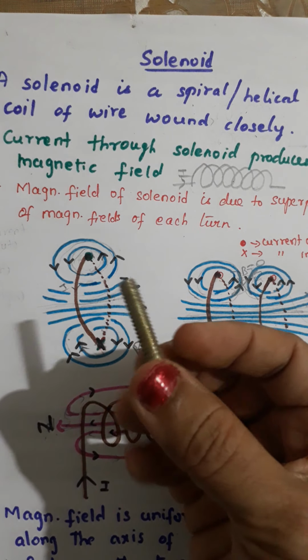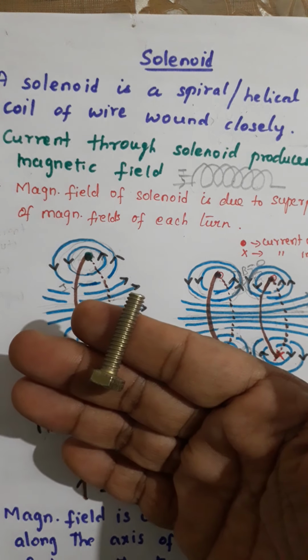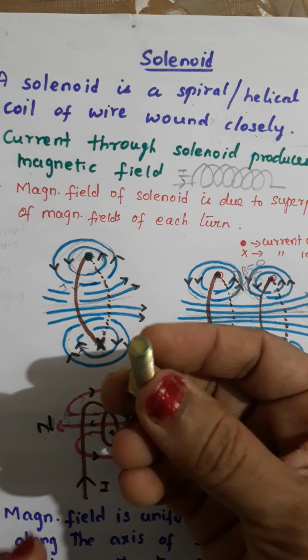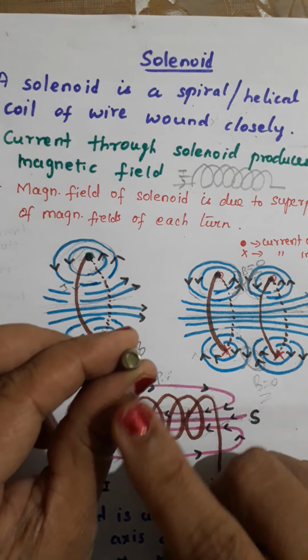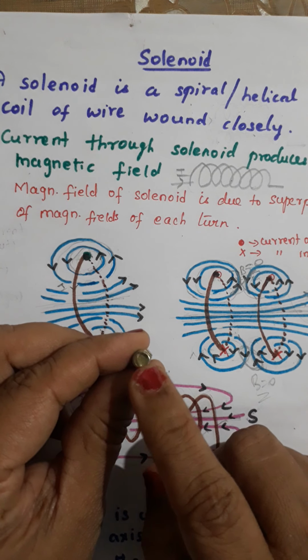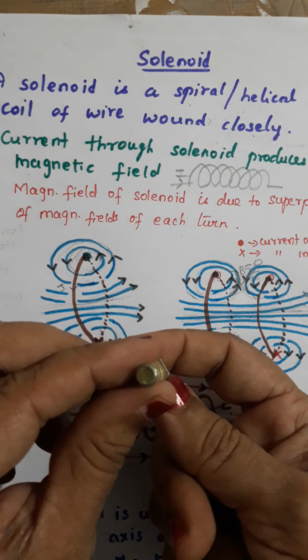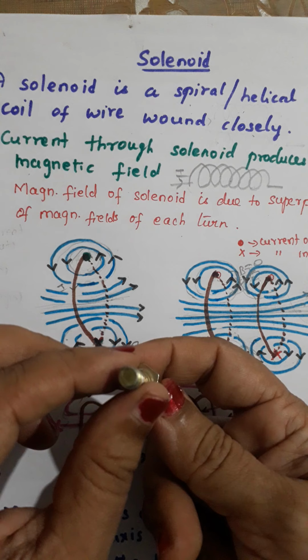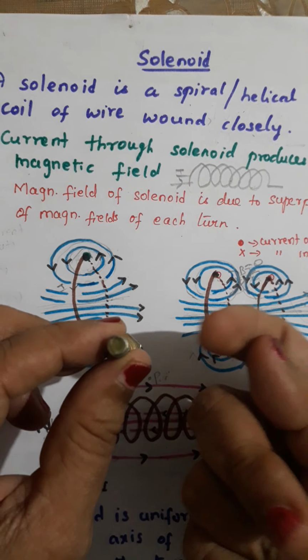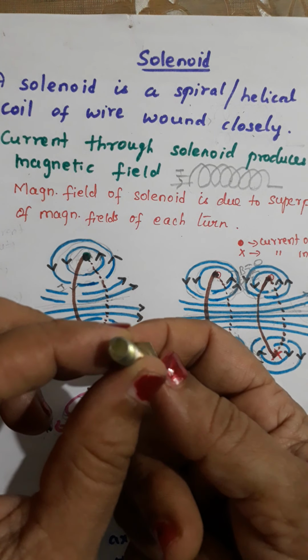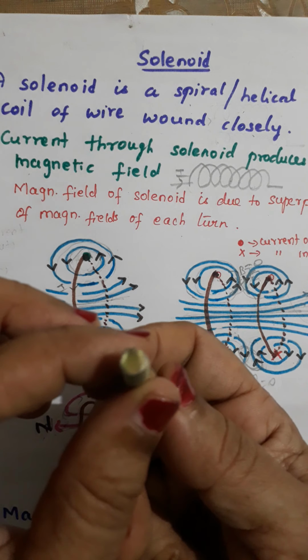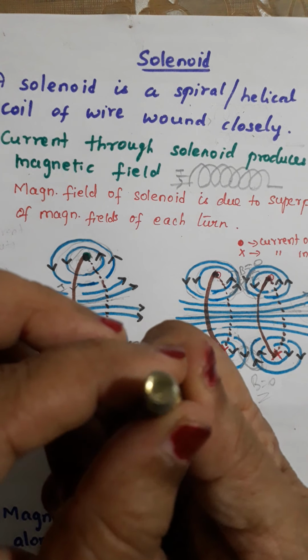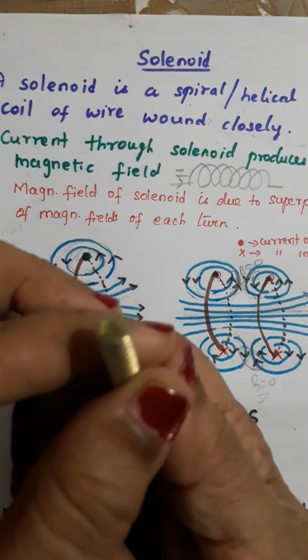Now you have to consider a corkscrew. You have to rotate the corkscrew so that the tip advances in the direction of current. So for the tip to advance in the direction of the current, it has to move out of the paper, right? So I am rotating, right? You can see I am rotating so that the tip advances in the direction of current.